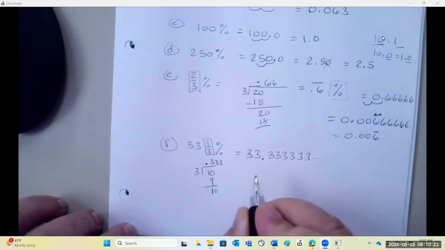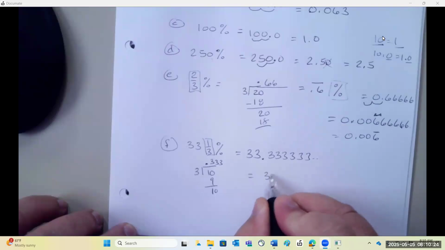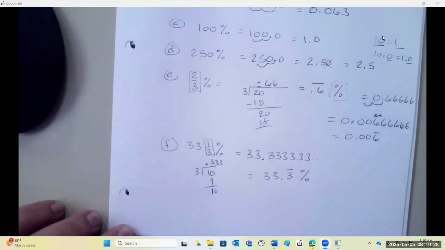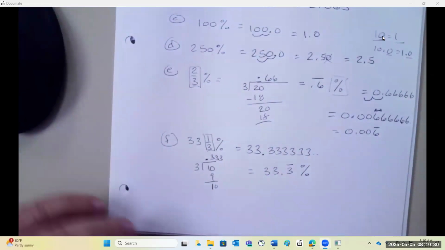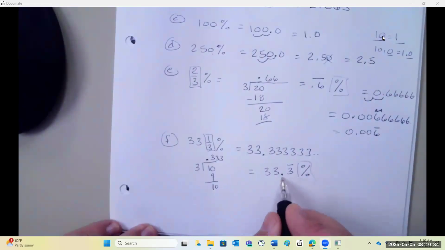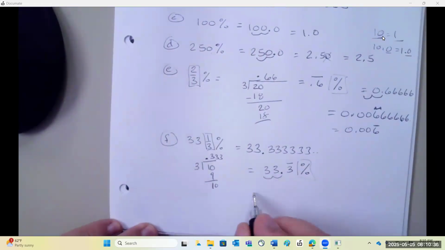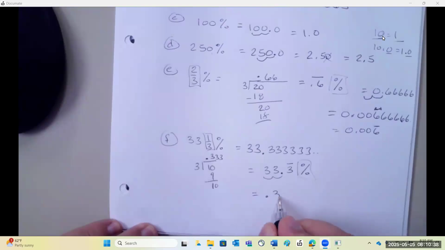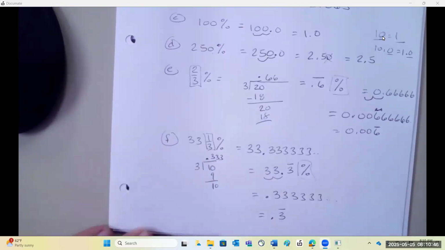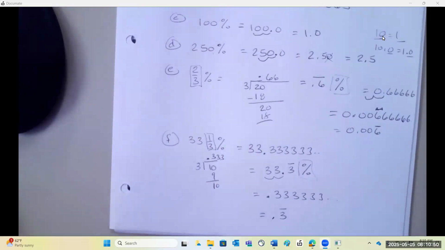It's always going to keep on going. So we got 33.3 bar percent. The percent, get rid of that, so it moves the decimal 2 to the left. And then three bars. So the answer really becomes 3 bar, because all these numbers are after a decimal and they repeat themselves.